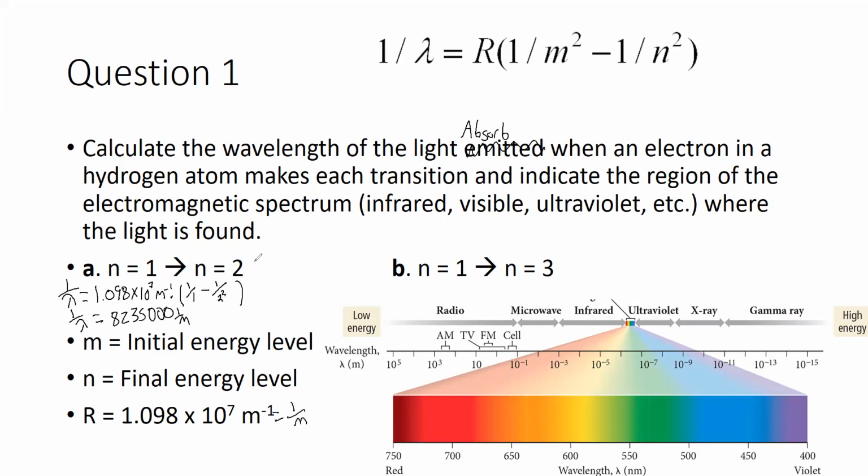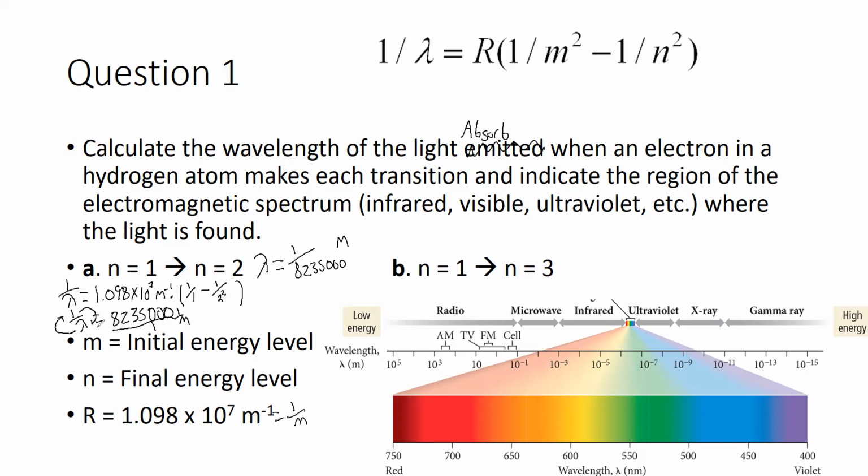So what I mean by that is to flip this equation to have wavelength be equal, you do wavelength is equal to 1 divided by 8235000. And when you do that, this 1/meters becomes meters. All I did there mathematically is that any whole number is actually just divided by 1. And so I'm going to flip this, I'm just going to take this lambda and put that at the top.